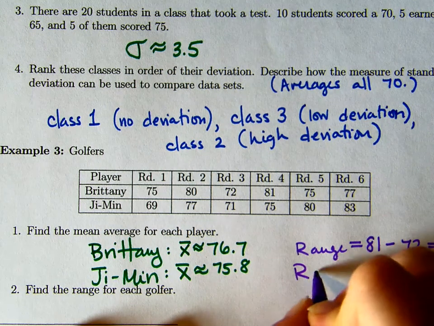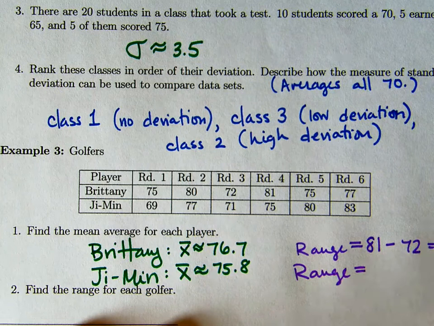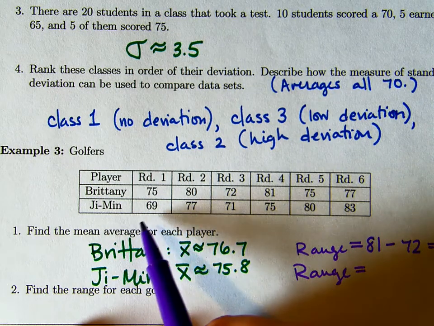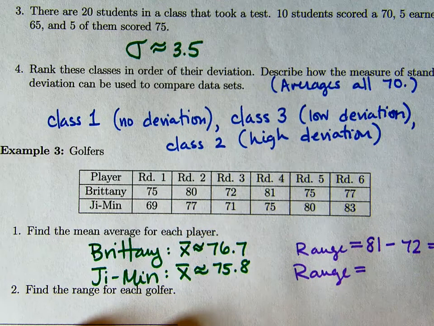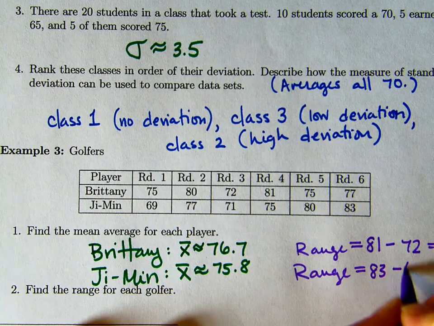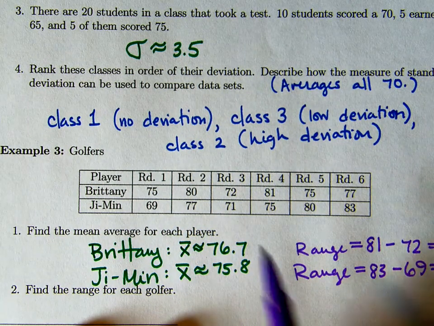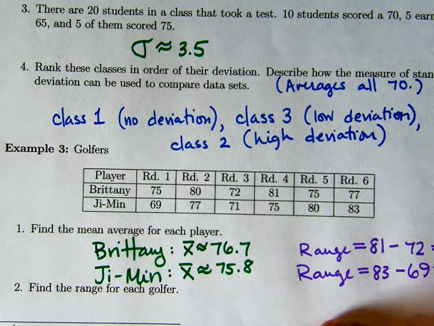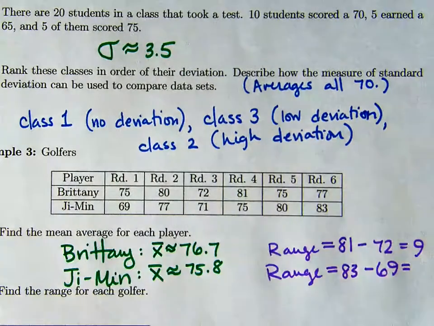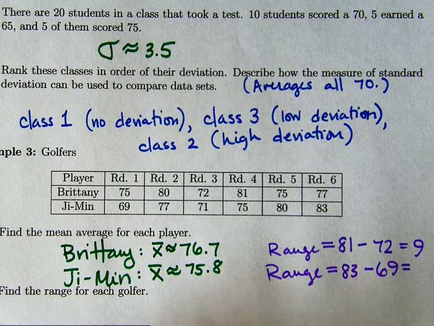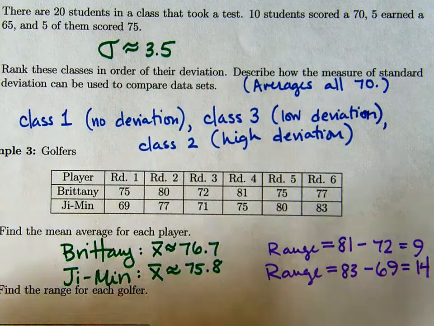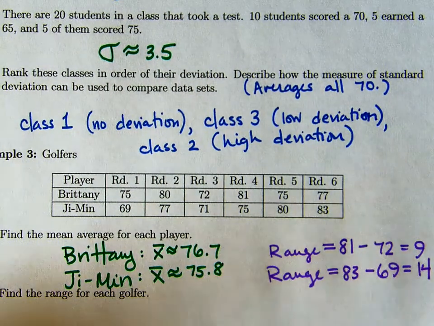And for Jimin, the range, well, her high was an 83 and her low was a 69. Well, this is interesting. Like, she got tired. 83, ooh, I'm not sure. I'm going to have to check that. That is a difference of 14.